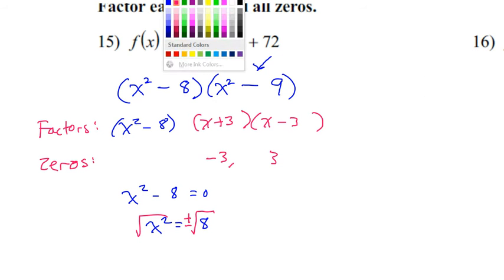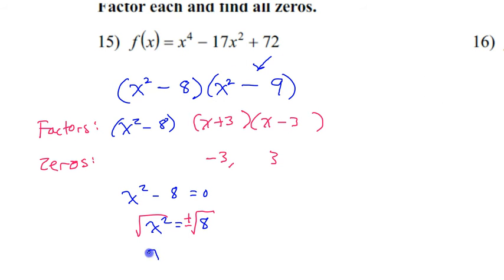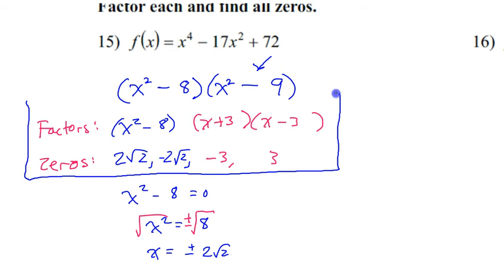So I have x is equal to plus or minus 2 radical 2. So you can either put plus or minus 2 radical 2 just like that, or you can write it separately and put 2 radical 2 and negative 2 radical 2. All right, so these are the answers to number 15.